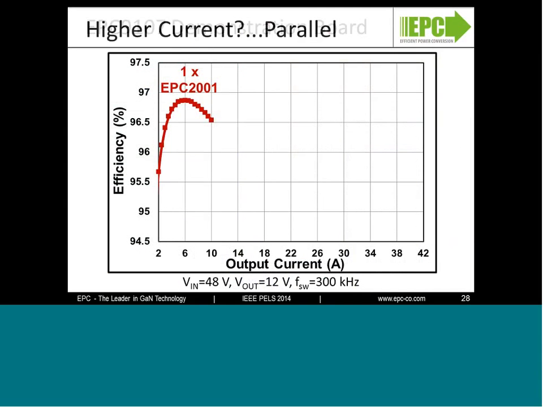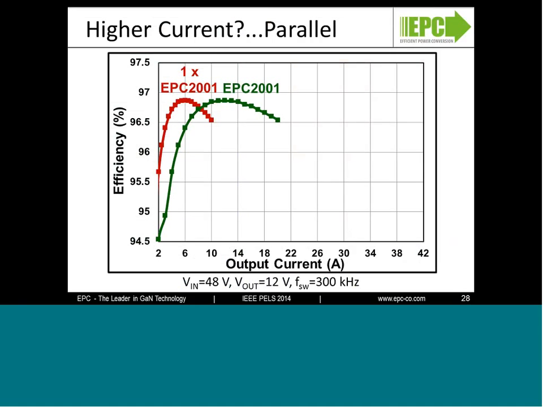We also understand that there's a lot of applications that want to look at higher voltages as well as higher currents. So we've shown the ability that we can parallel our devices to help push for higher current as well as higher voltages. Here we have a 48-volt input buck converter. Using a single 48-volt device, we can push around 10 amperes of current out of it.